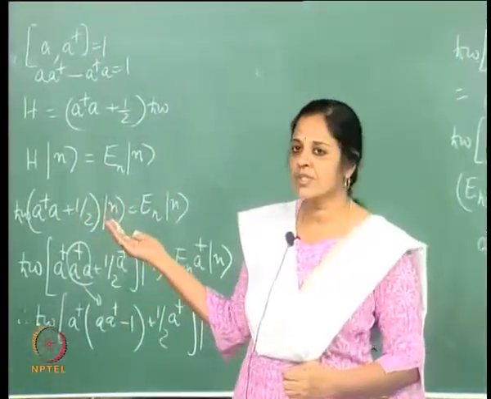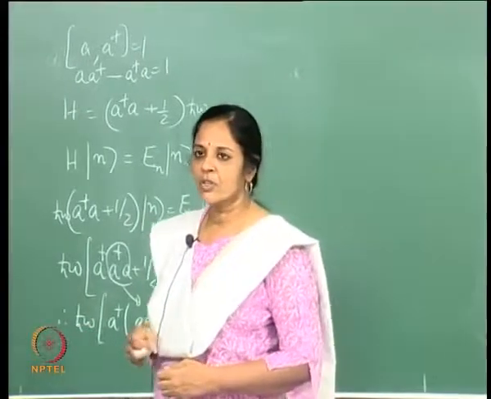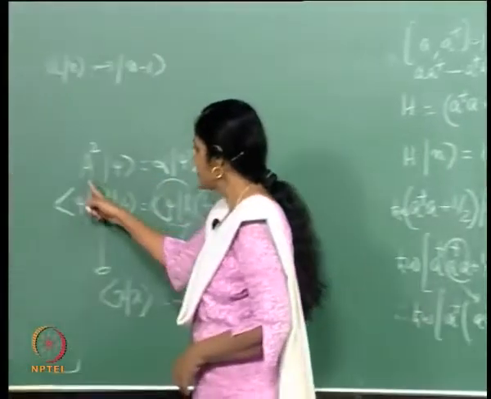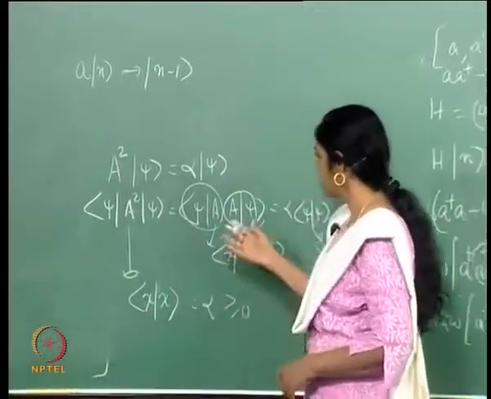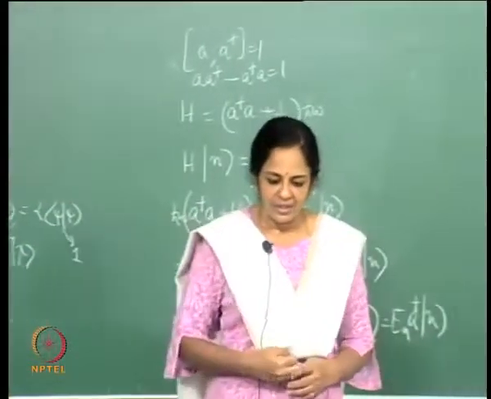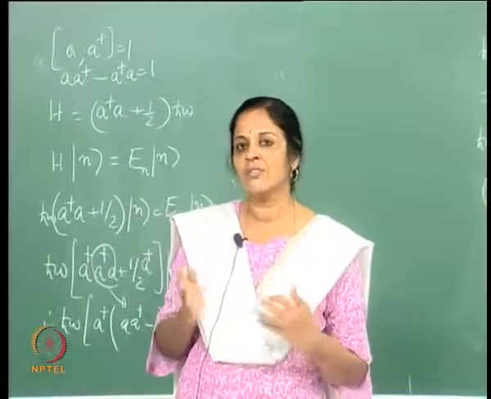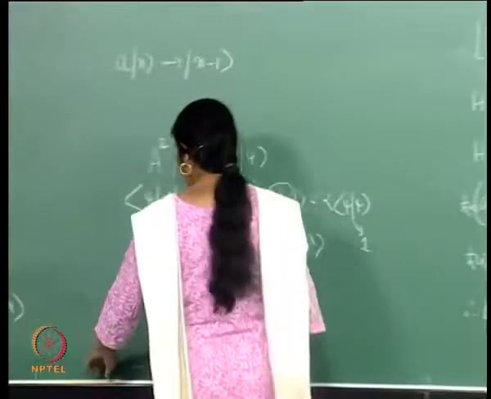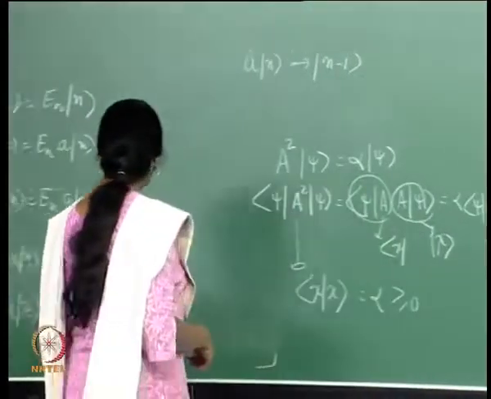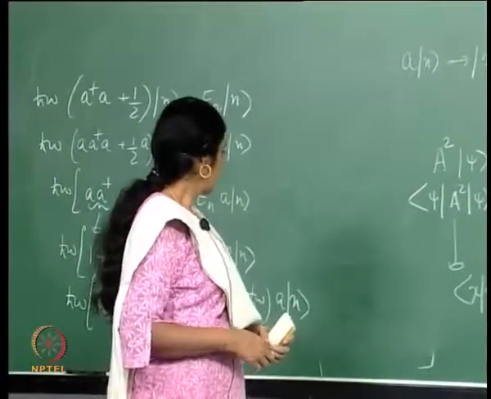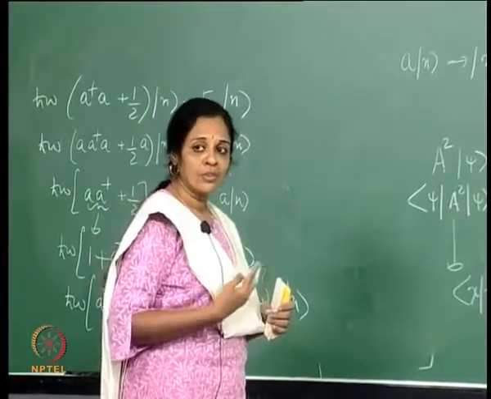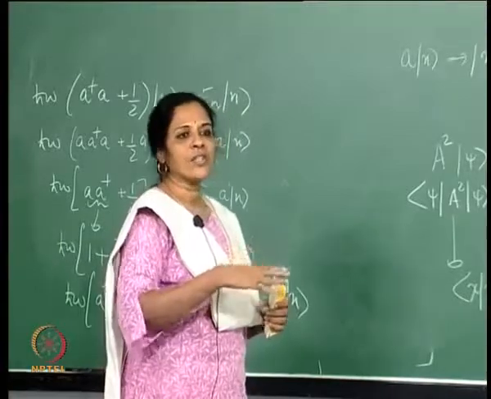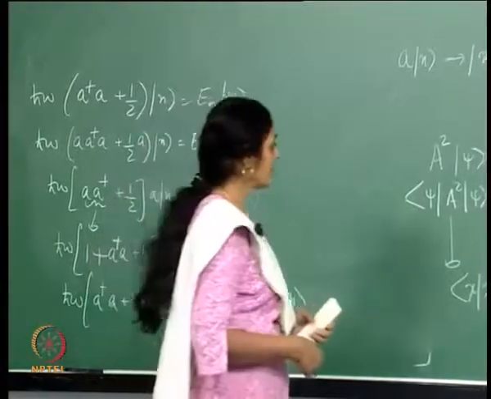The same thing happens in the case of the harmonic oscillator, because x squared is the square of the operator x and p squared is the square of the operator p, and therefore the Hamiltonian is a positive operator and will have an eigenvalue which is non-negative. So it is clear that when the energy gets reduced by repeated application of the lowering operator A, we cannot get to a stage where the net energy becomes negative.